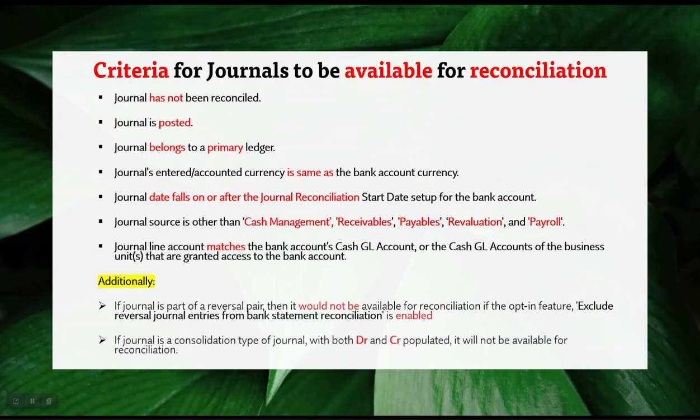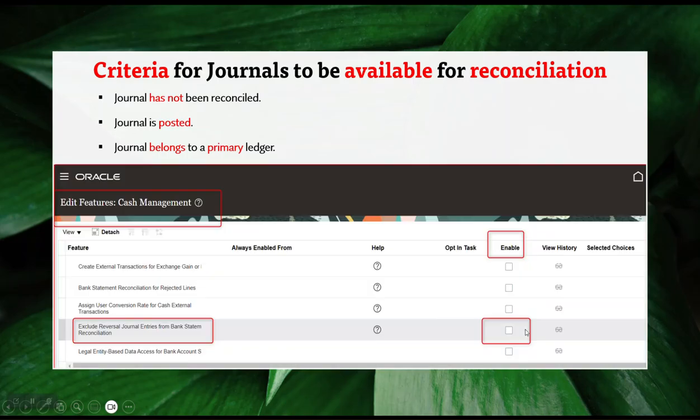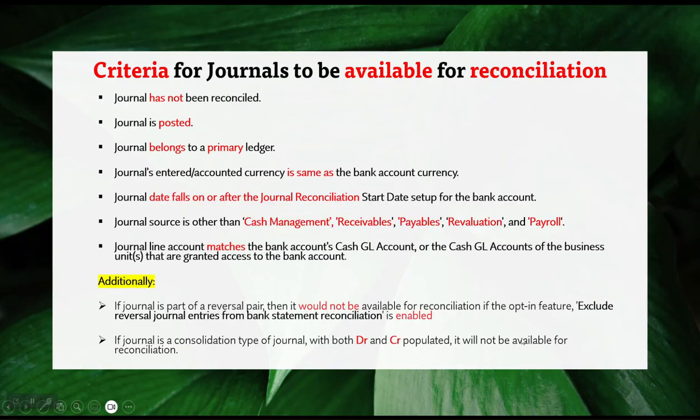The second is if the journal is a consolidation type of journal with both debit and credit populated, it will also not be available for reconciliation. For these opt-in features, you go to Financials opt-in and select cash management features. There is one icon; just click on it and you will find Exclude reversal journal entries from bank statement reconciliation. If this is enabled, then a journal that is part of a reversal pair will not be available in case you enable this option.